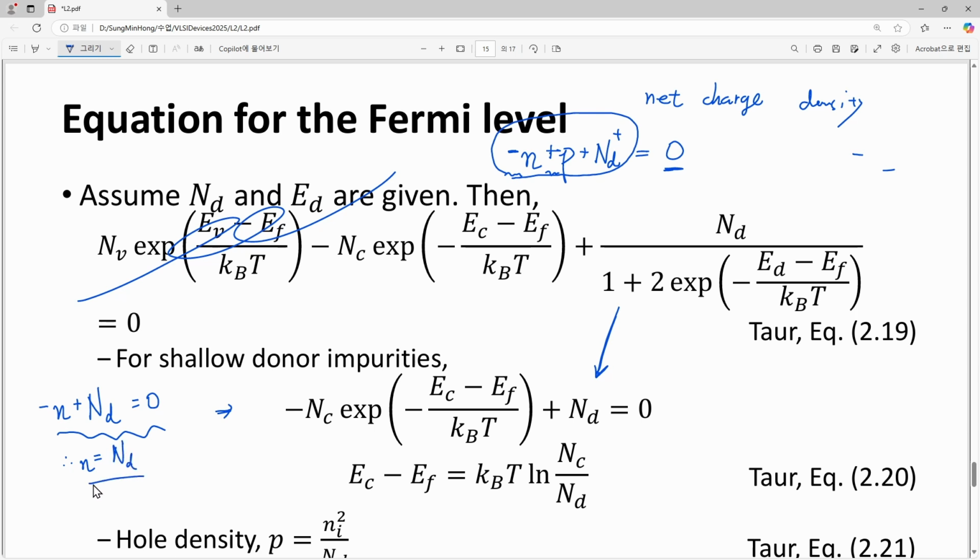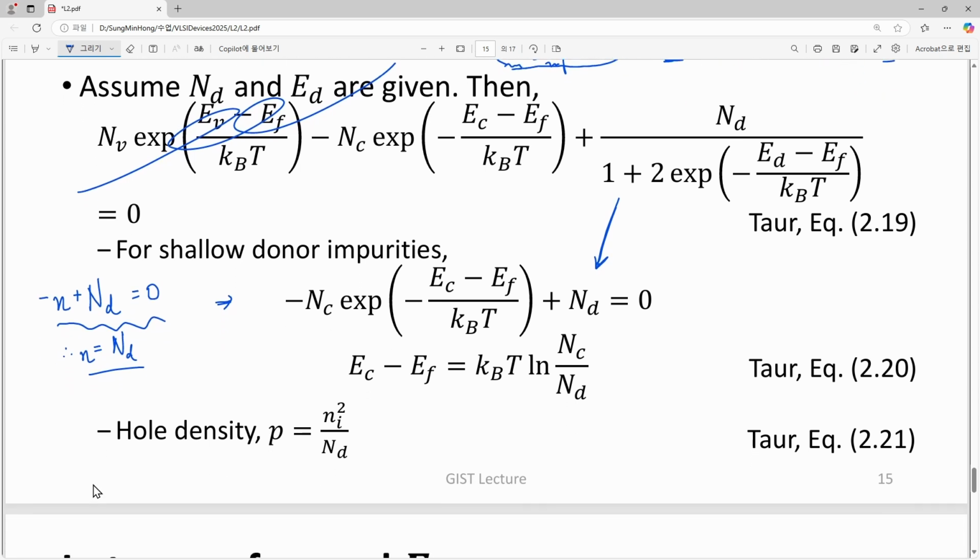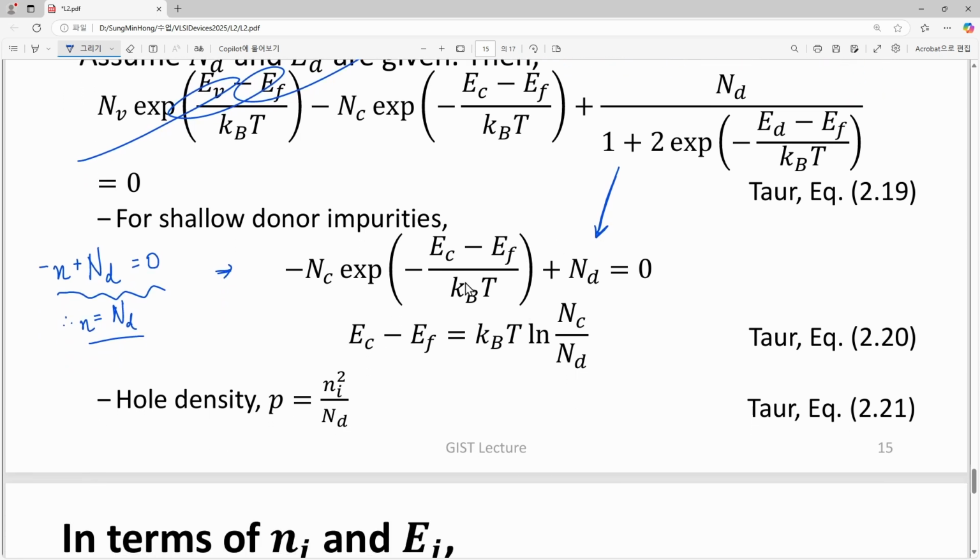In this case, from this expression, we introduce the expression for electron density in terms of the conduction band minimum and the Fermi level, and you can find the relative position of the Fermi level with respect to the conduction band.